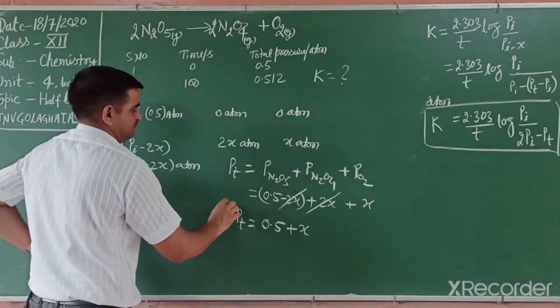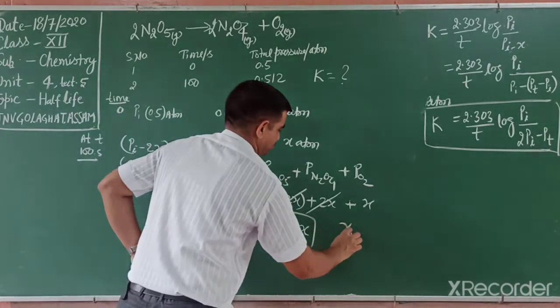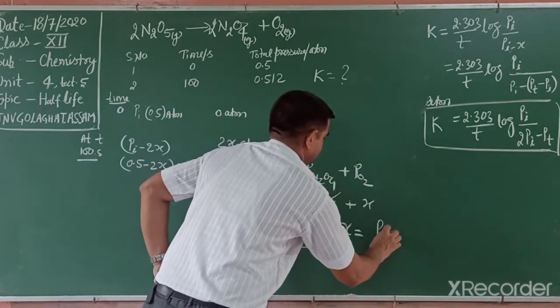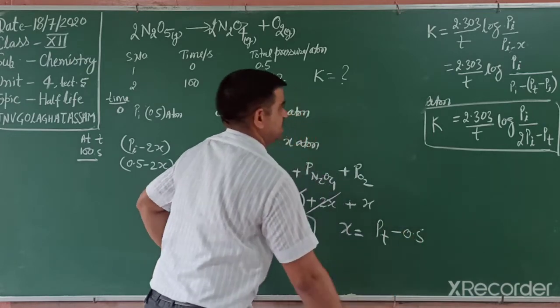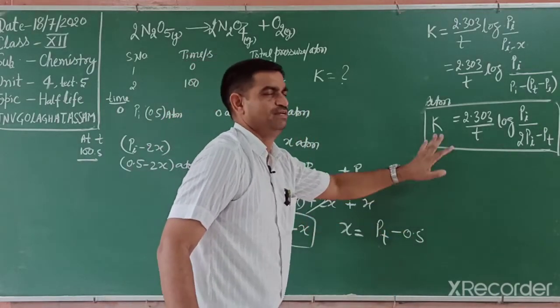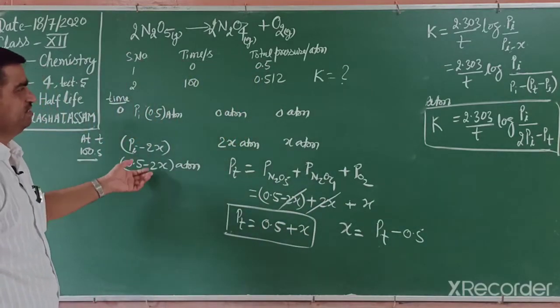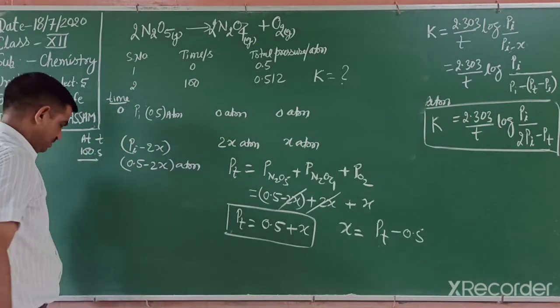In this way we can find the value of x. So x is P total minus 0.5, the initial value, similarly Pi. So students, in the same way we can now write the final pressure.